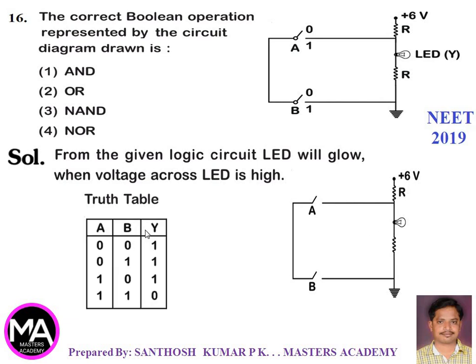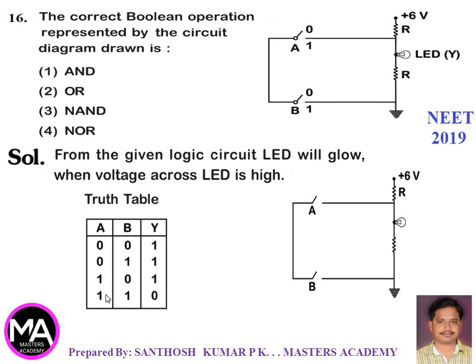Now let us consider the truth table. A and B. A is 0, B is 0. The voltage across the LED will have a maximum value. When A is 0 and B is 1, then one is open. Therefore, the voltage across the LED is maximum. So A is 1, B is 0. A is closed, B is open. Again, it is an open circuit. So the voltage across the LED will be maximum.